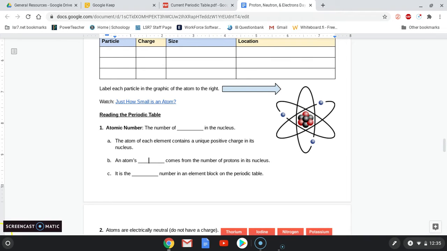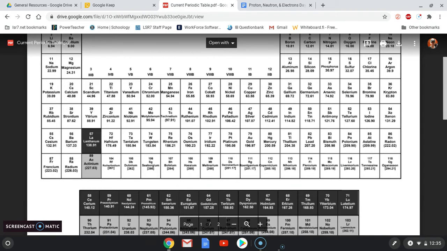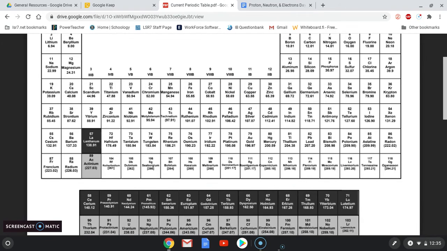All right, now if you go down to C, it says it is the blank number in an element block on the periodic table. The element block is a square on the periodic table. So here's back to nickel. This is the block. It's the top number. See the very top number?